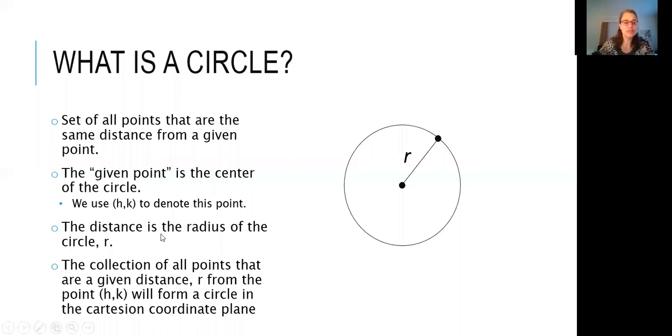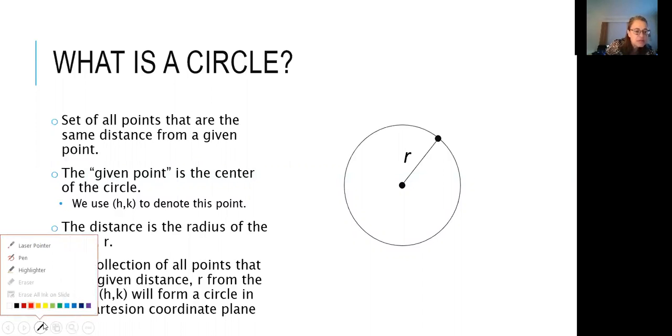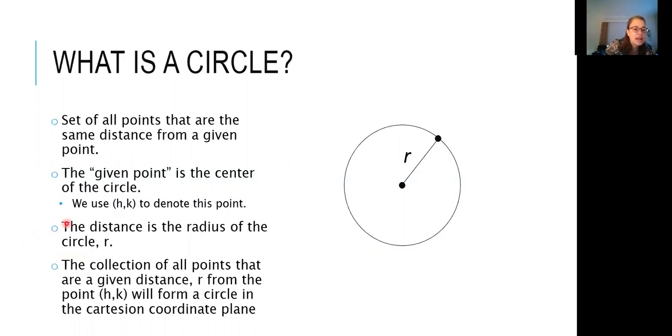And in general, we will denote that center point with the coordinates (h, k). That's a mathematical convention. Whenever you see the point (h, k) somewhere, you want to think, hey, that point is probably important. For a circle, that coordinate (h, k) denotes the location of the center of the circle.